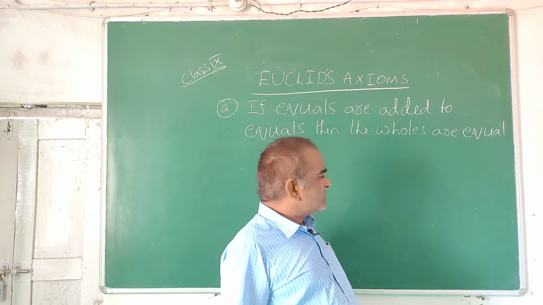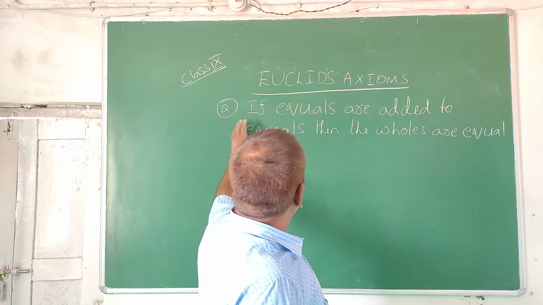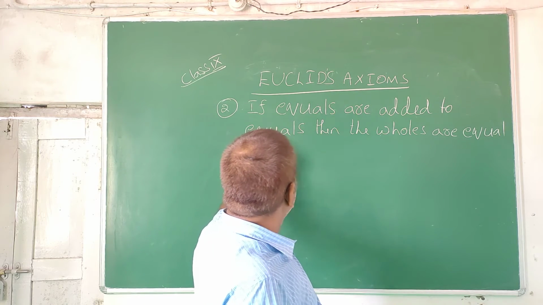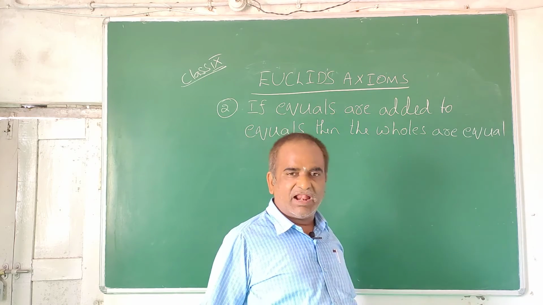Dear students, now Euclid's second axiom is: if equals are added to equals, then the wholes are equal.